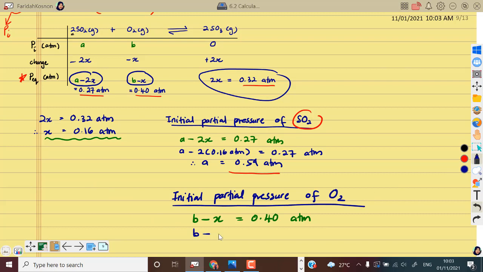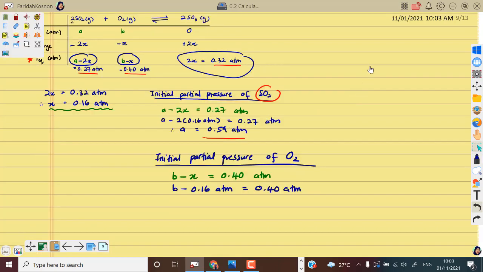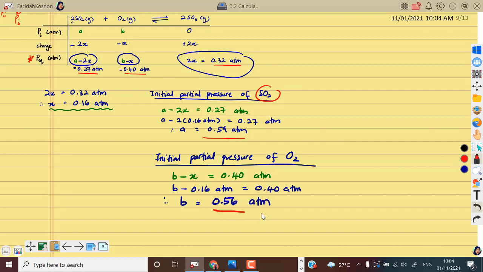So B minus 0.16 atm, which is equals to 0.40 atm. Therefore, you will get B, which is the initial partial pressure of oxygen gas adalah 0.56 atm. Jadi, kita telah menyelesaikan kesemua persoalan yang ditanya dalam soalan ini.